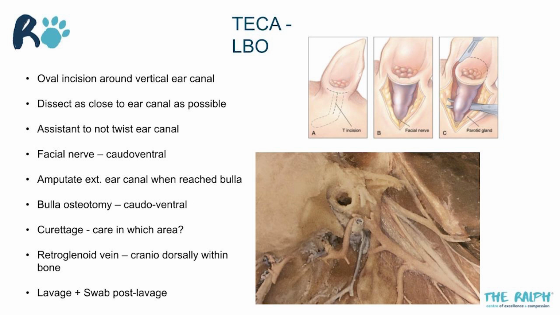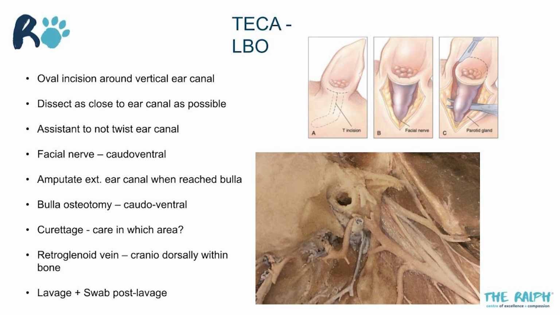because this is where the retroglenoid vein is. It runs through the bulla into the bone, so by cutting it, you may get bleeding, which is not pleasant at all, because then you cannot see anything. So I would leave this area to clean probably at the very end, once you have done all the rest.